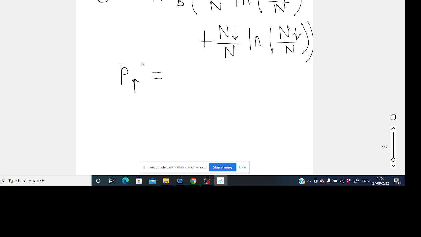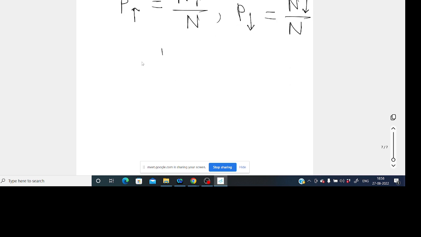So the probability of finding spin up particle is equal to n up by n, and p down is equal to n down by n. And as you know, the sum of all the probabilities is equal to 1. You can also show it from this: p up plus p down equal to 1.